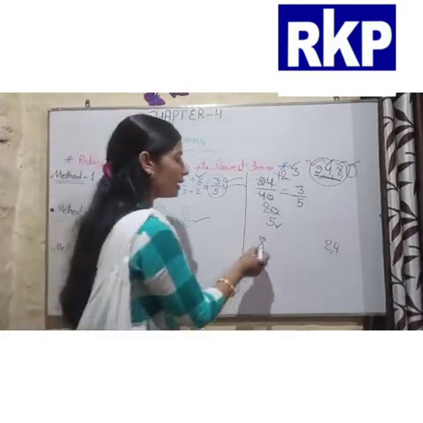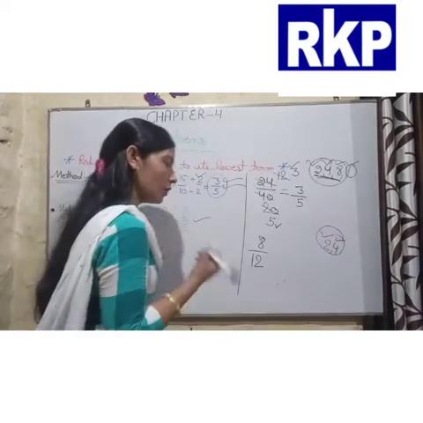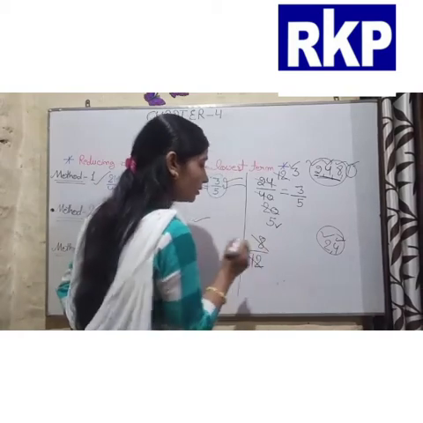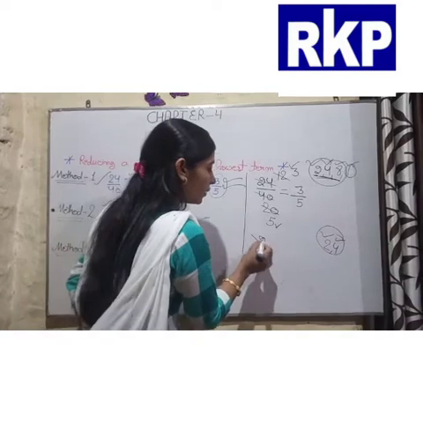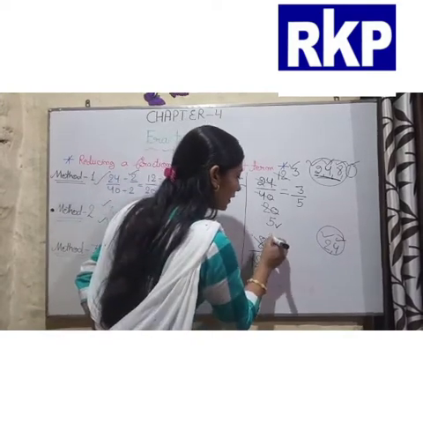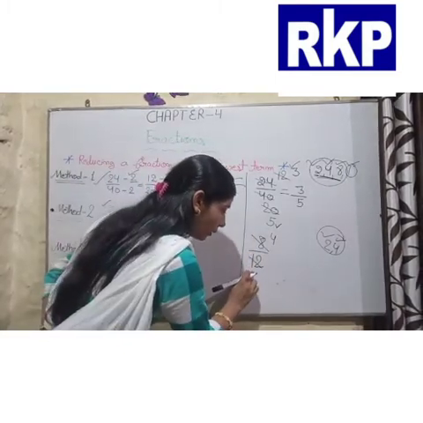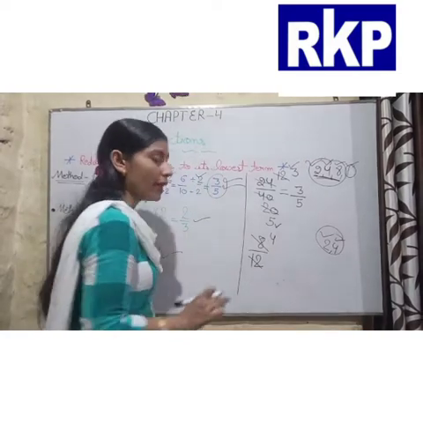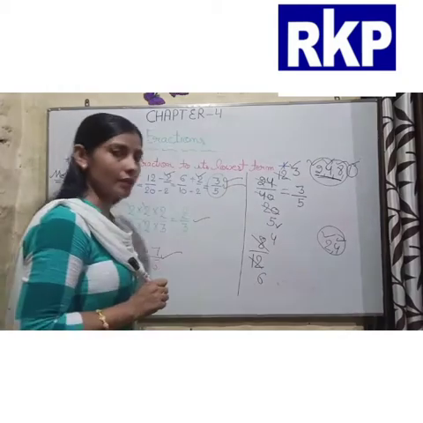So we can divide 8 and 12 by 2 or by 4. So here cut 8 and 12 by 2. If we divide 8 by 2, we will get 4. And now we have to divide 12 also by 2, and when we divide 12 by 2, we will get 6.